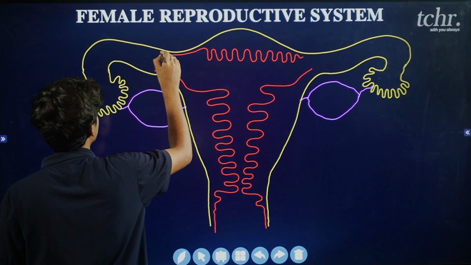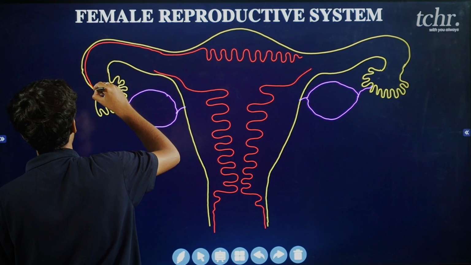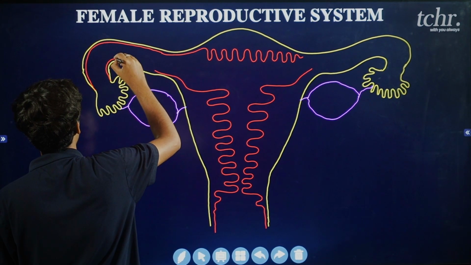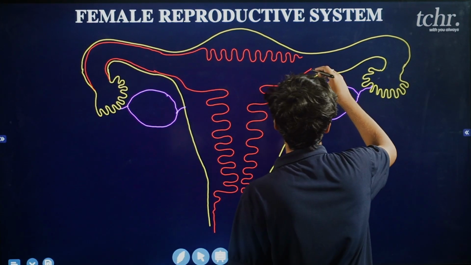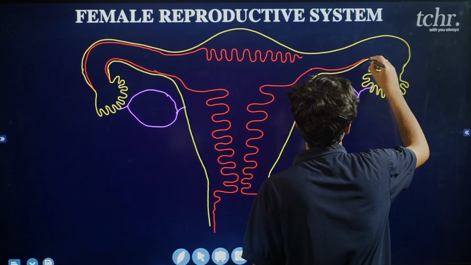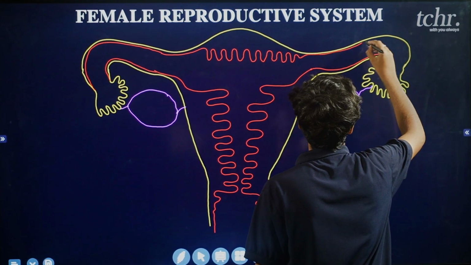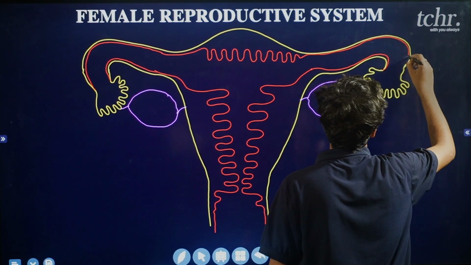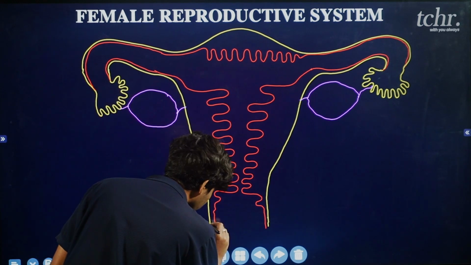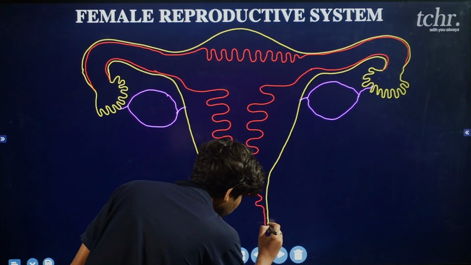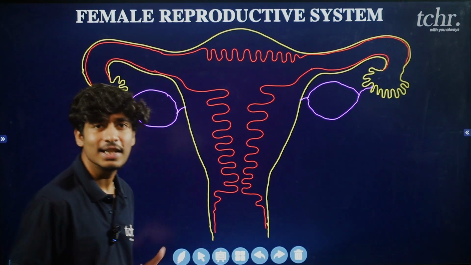Then complete these layers. Yeah. Yes, here we go. So we are done with the diagram. So let us quickly label this.